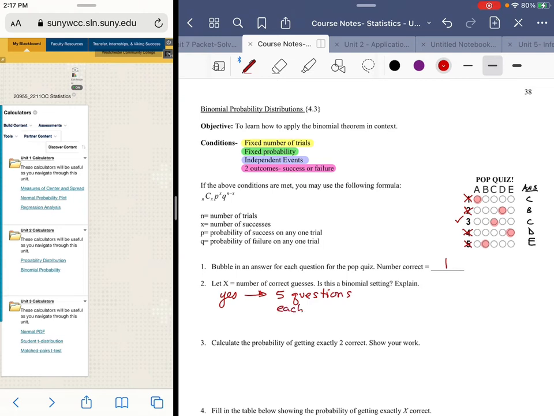Each had a probability of success, assuming getting the right answer is success, of 1 in 5. 1 right and the other 4 would be wrong. Independent events.